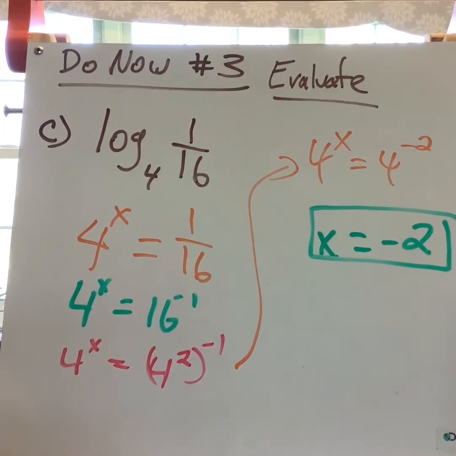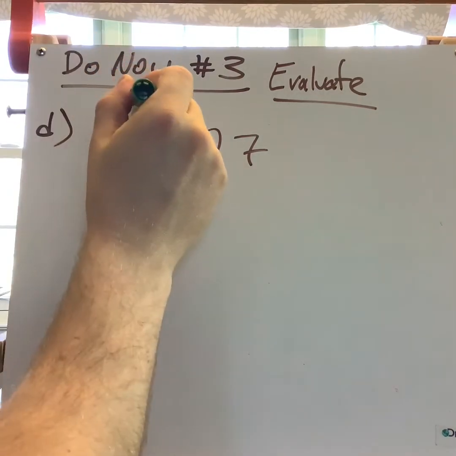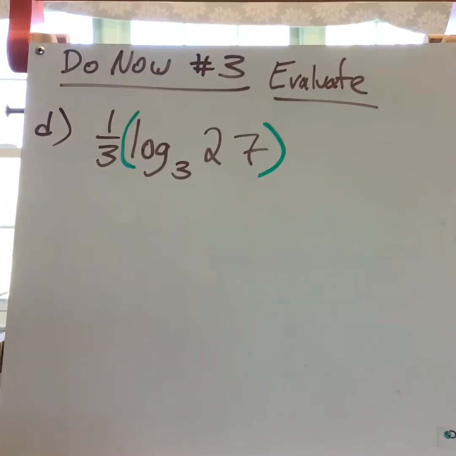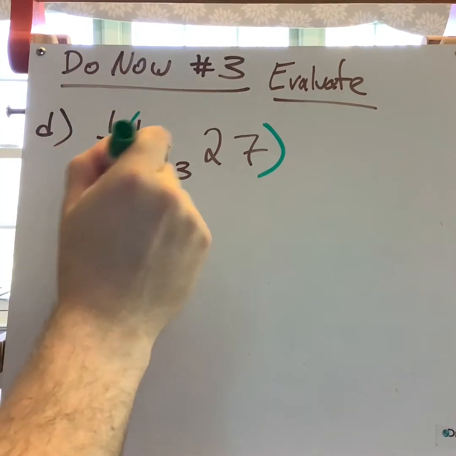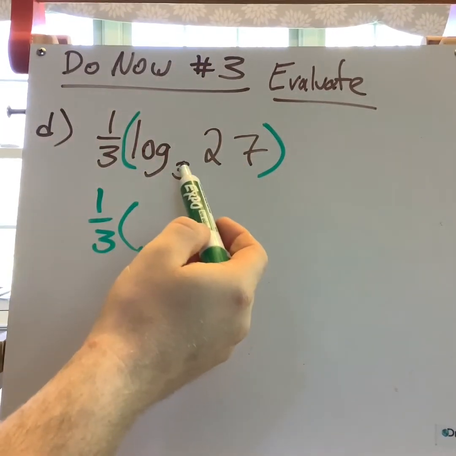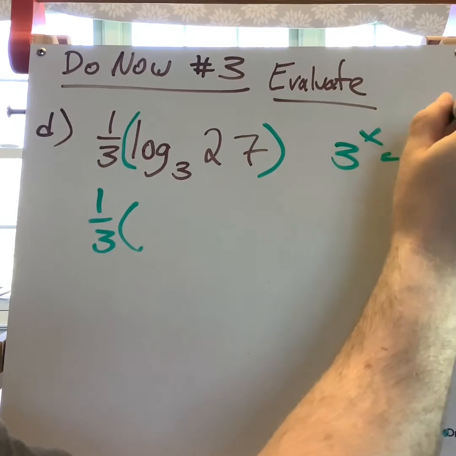So there you go. We have 1/3 log base 3 of 27. So just like the second one where we had 4 log base 6 of 36, we're evaluating the log base 3 of 27 and then dividing it by 3, which is multiplying it by 1/3. Those are the same thing. So we're going to have 1/3 times, well, what's the exponent of 3 that gets us 27? 3 to what power is equal to 27?